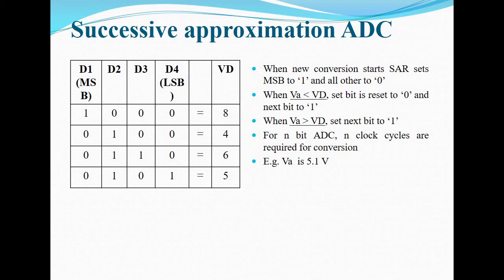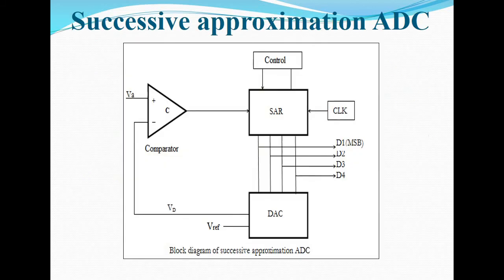So here you can see a table: D1, D2, D3, D4 and VD. Again I repeat, VD is the voltage from the DAC and VA is the voltage that we are supplying to the comparator.